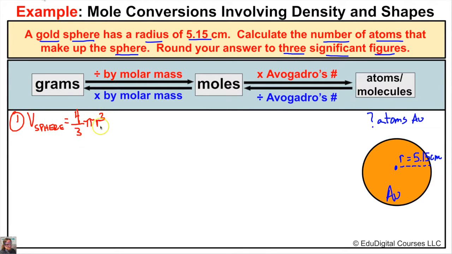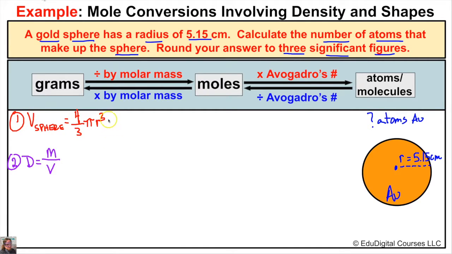And so if we first figure out the volume of a sphere, what we can then do in step 2 is we can then calculate the density of the sphere. Right? Density is equal to mass over volume, and we learned this in an earlier video.